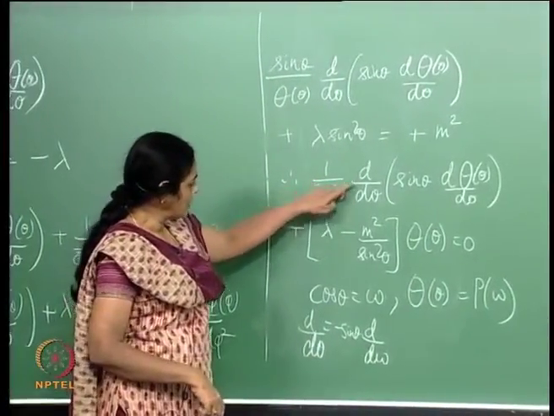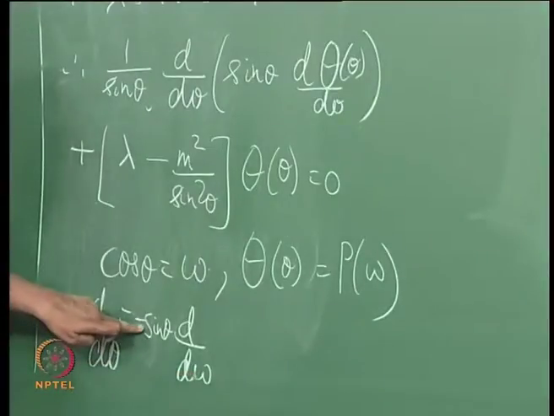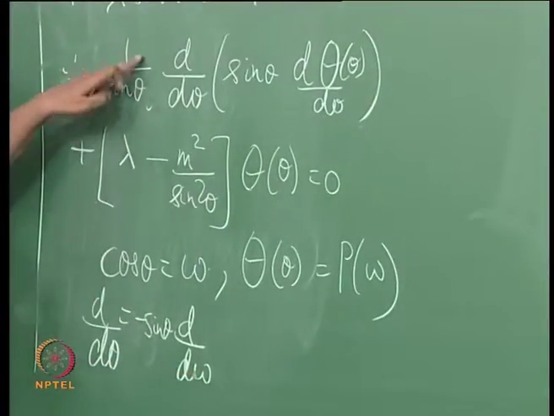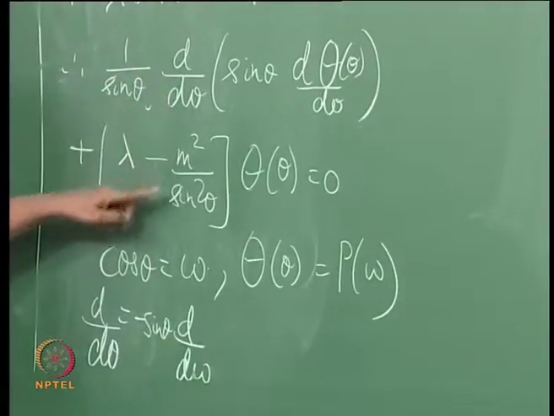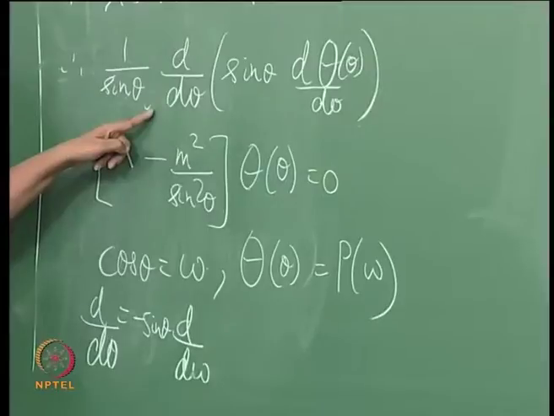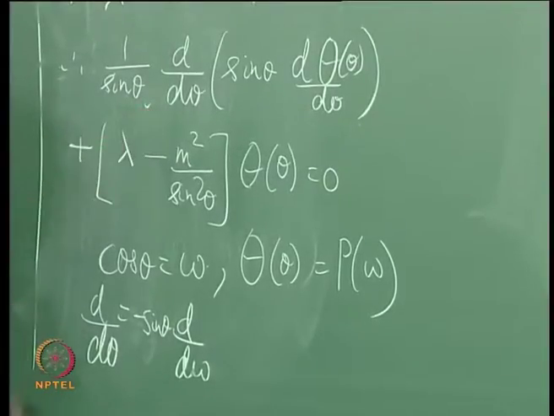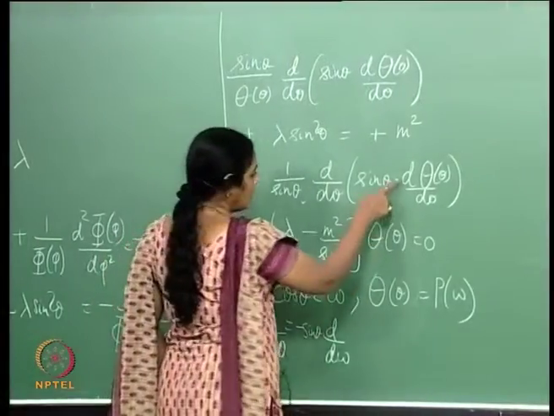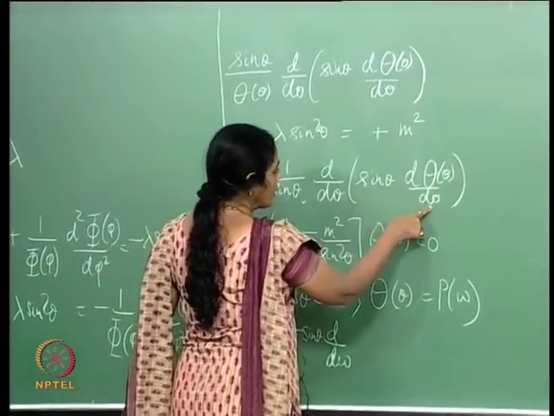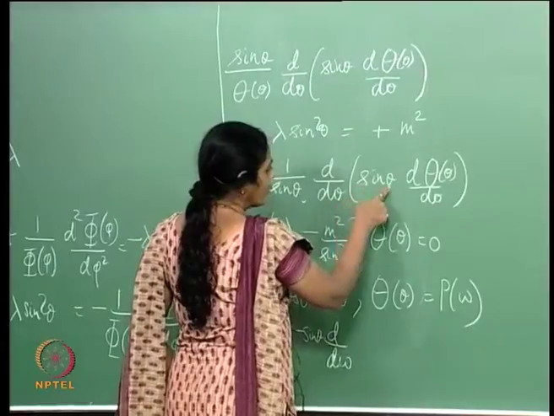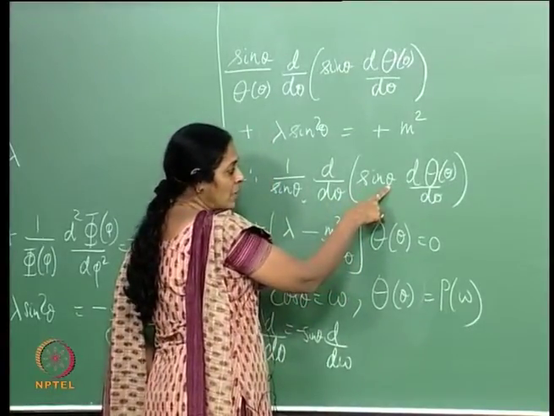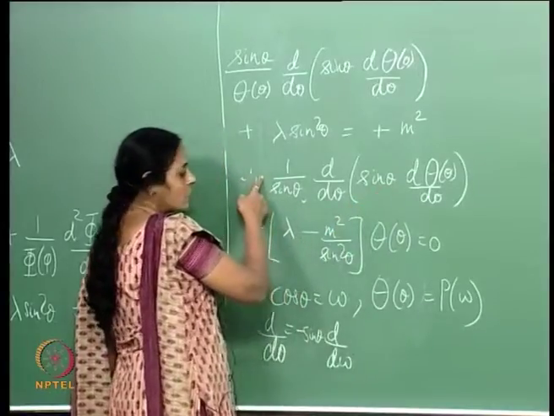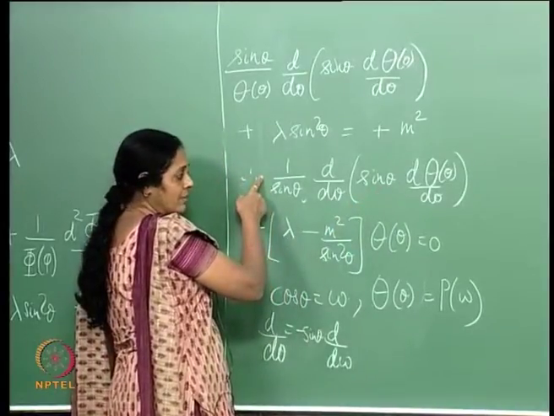This would give me a d by dW, the minus sign and the sin theta cancels out. So, I just have a minus d by dW. All this gets replaced by minus d by dW. Now, this again picks up a minus sin theta. So, that gives me a minus sin squared theta, which is a minus 1 minus W squared, but there was already an overall minus sign.